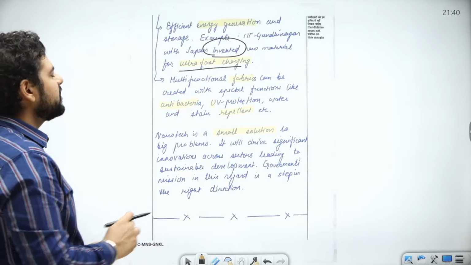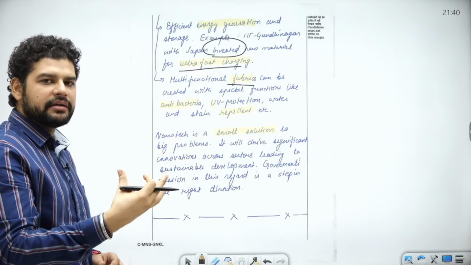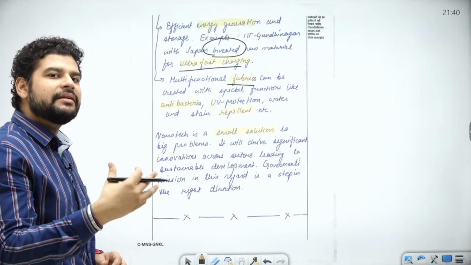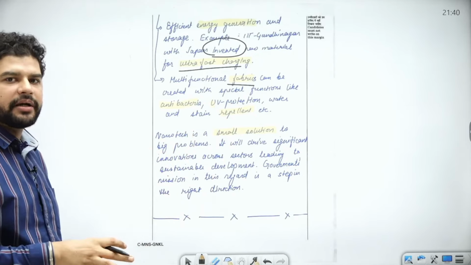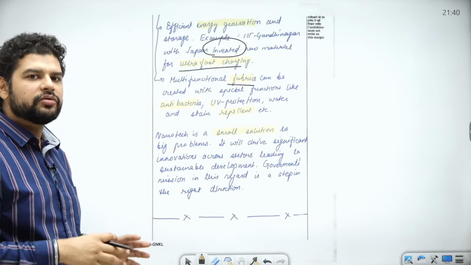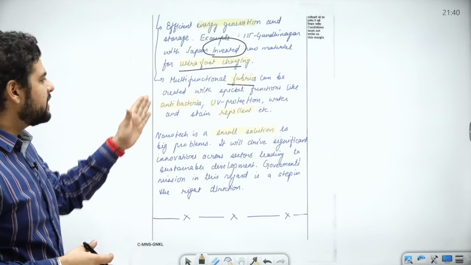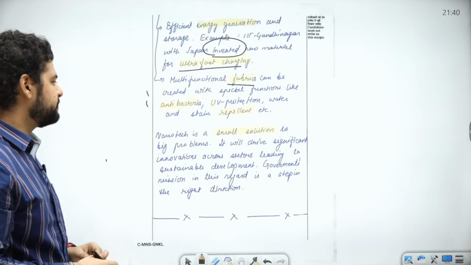Next is multifunctional fabrics can be created with special functions like antibacterial, UV protection, stain repellent. All these things are helpful. We need them right now, and development and research is going on in these areas, right? So this is how it can help. This can also lead to safer and cheaper materials for clothing, right?